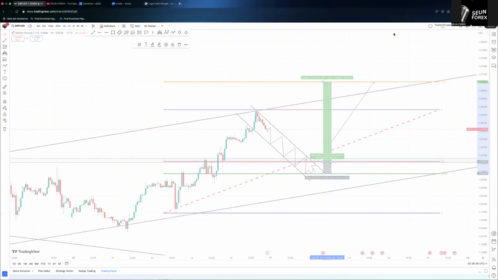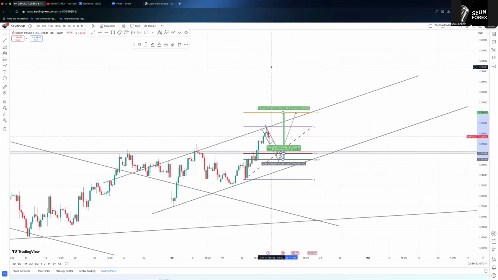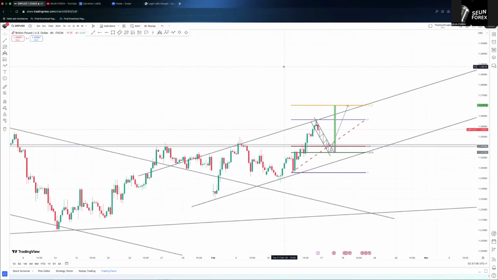So let's quickly go back to another market to see what the market is doing. So this is the power of raw price action reading. I was able to break this market down from the monthly time frame to the weekly time frame to the daily time frame to the 4-hour time frame to the 1-hour time frame. Because direction of the market is not enough.